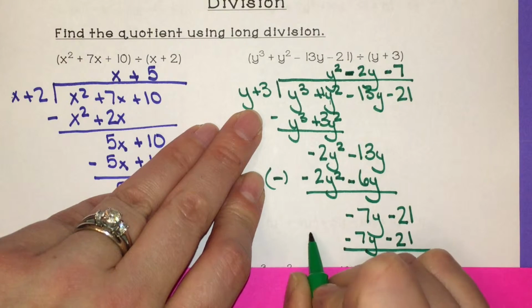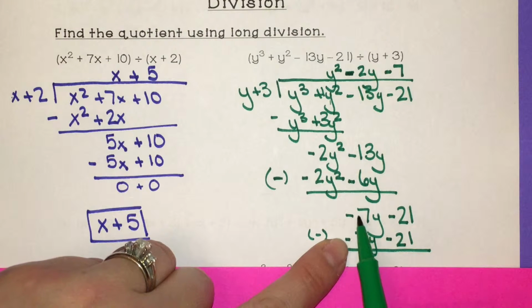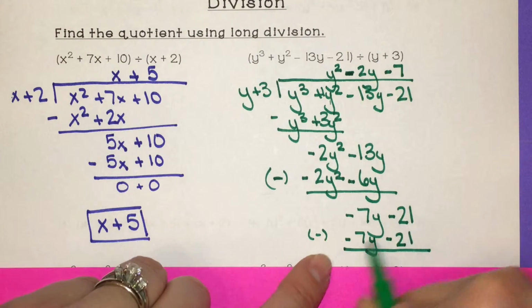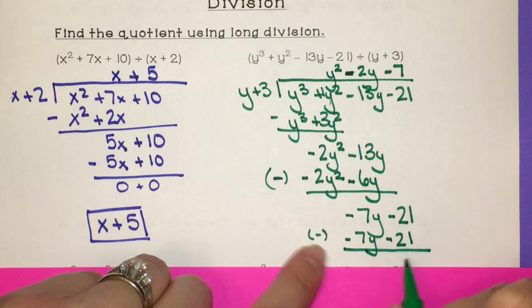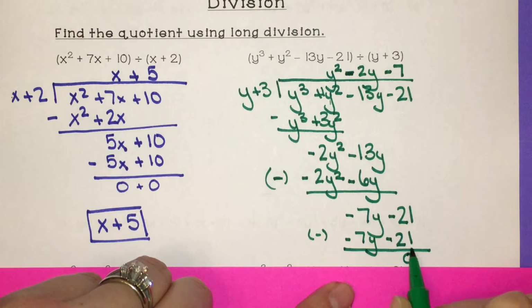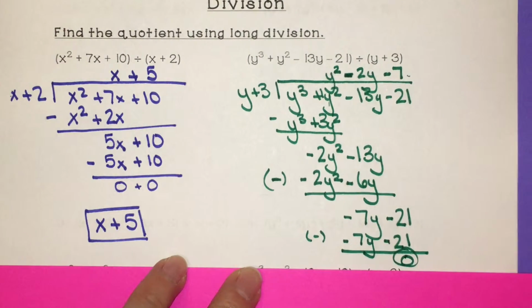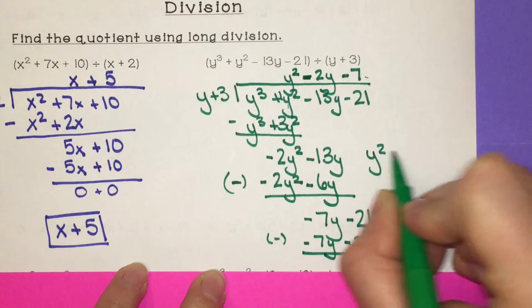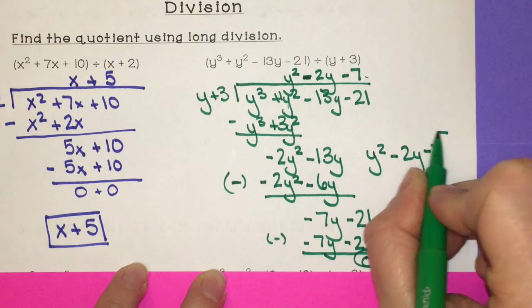So when I subtract, remember my operation is subtraction, minus a negative is plus a positive. So negative 7y plus 7y is 0. Again, minus a negative plus a positive, so negative 21 plus 21 is 0. So I have nothing remaining. That means my answer is y squared minus 2y minus 7.